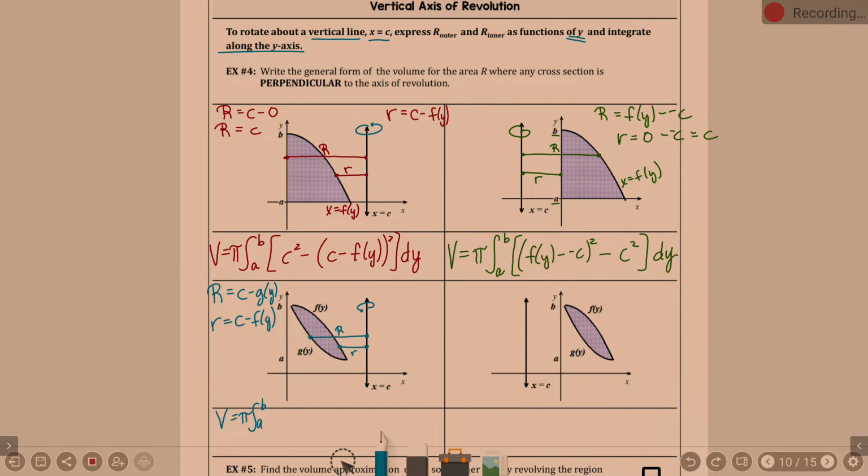Pi times the integral from A to B. Big R squared, which is going to be c minus g of y quantity squared, minus little r squared, c minus f of y quantity squared, times dy.